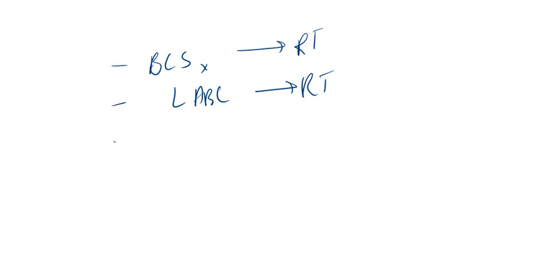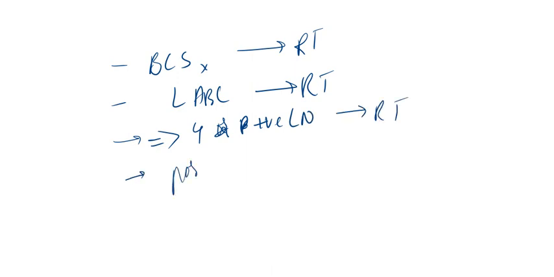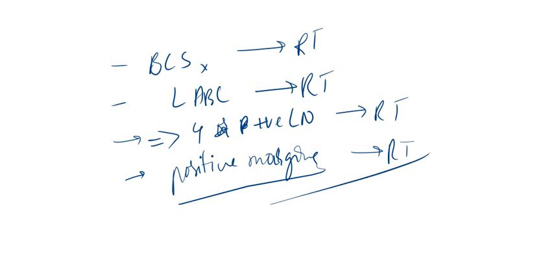Now, if there are equal to or more than 4 positive lymph nodes, then you go for radiotherapy. And one more thing, if the patient has positive margins, then also you should go for radiotherapy. Right? 1 minute.